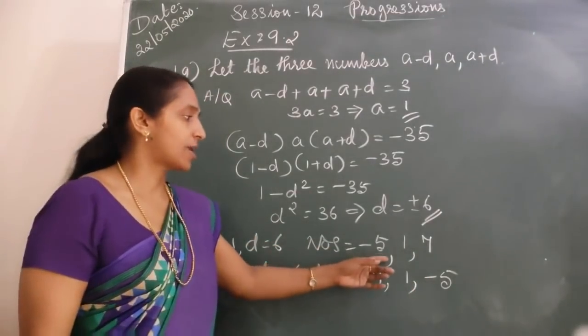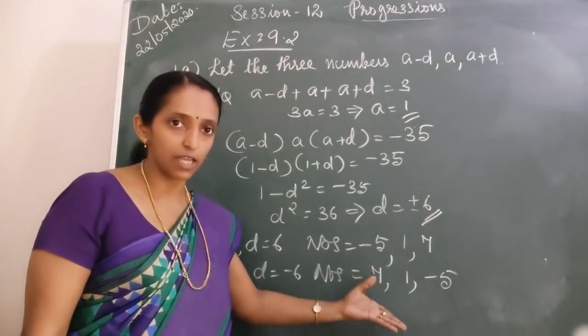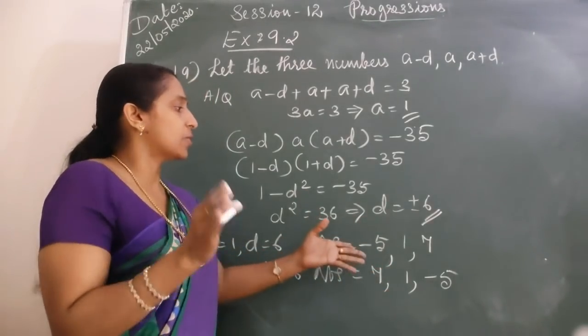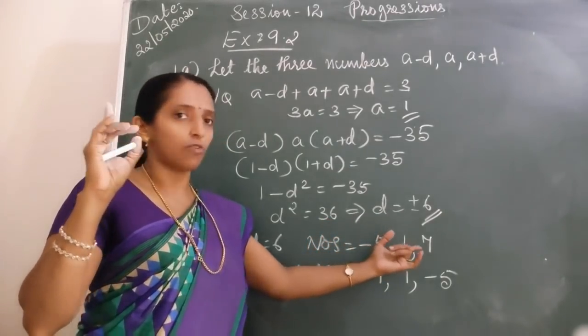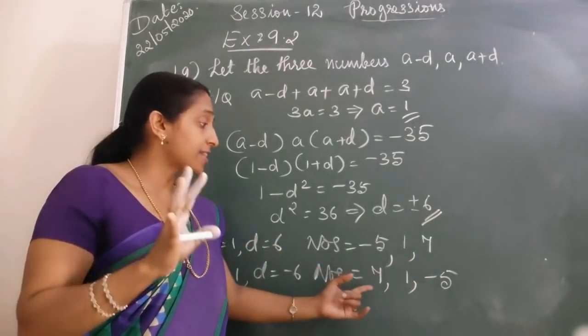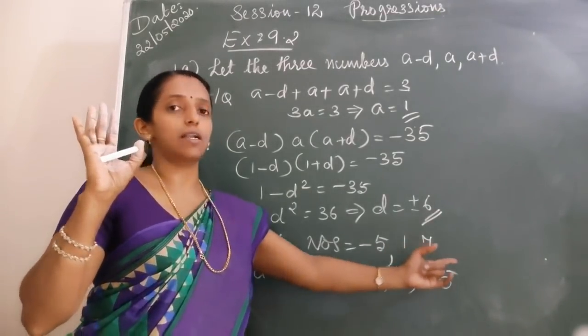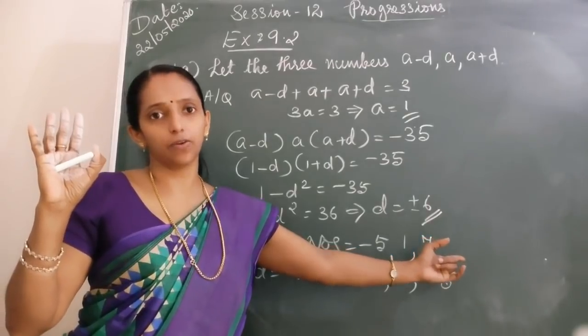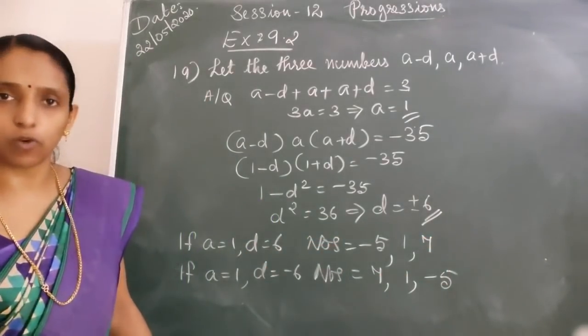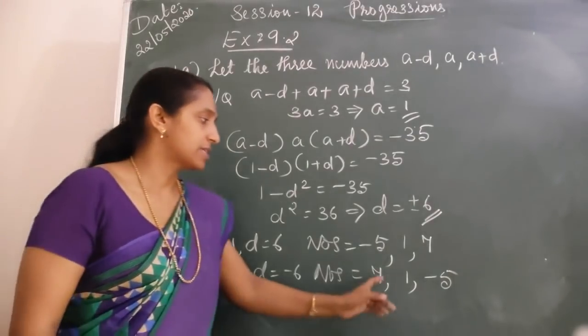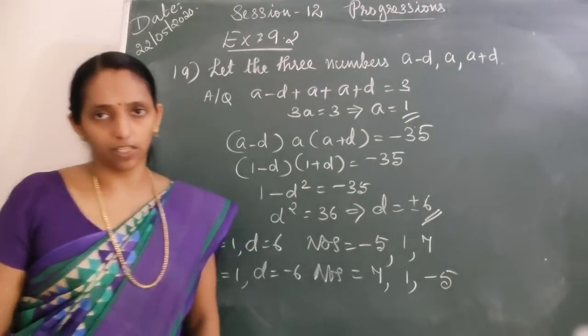These two are not different. The three numbers can be minus 5, 1, 7, or 7, 1, minus 5.